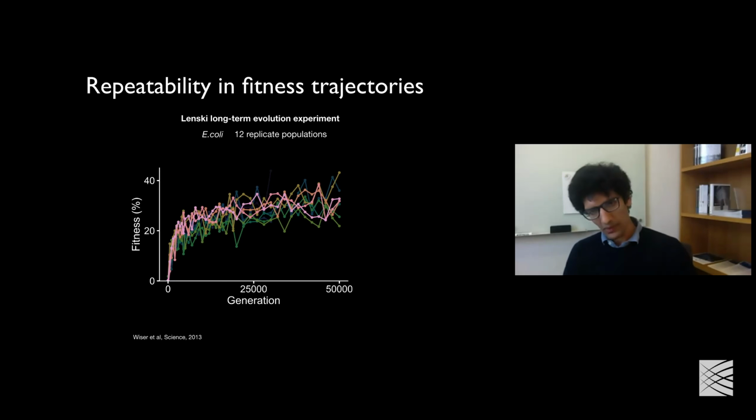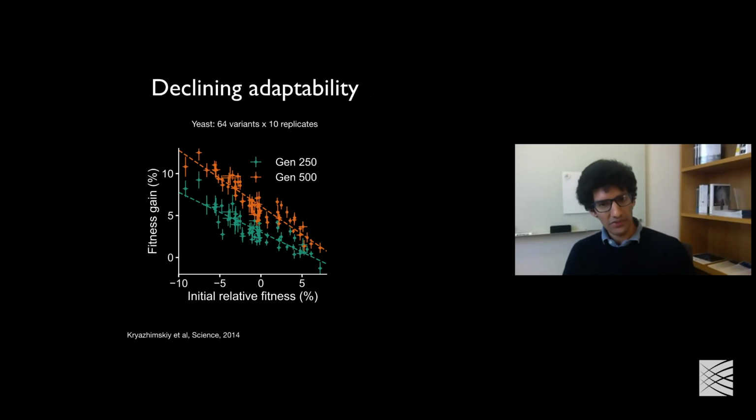Now, these observations have been reproduced in many other experiments, usually at a much smaller temporal scale, but perhaps at a larger scale in terms of the number of variants actually evolved. So for instance, this is an experiment in yeast from Michael's lab, which he described as well.